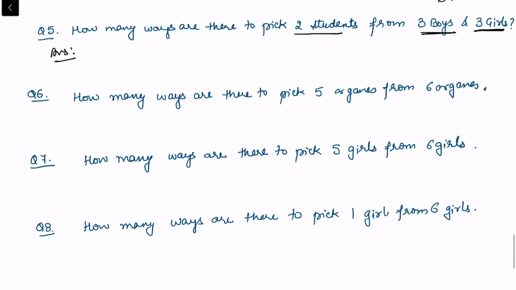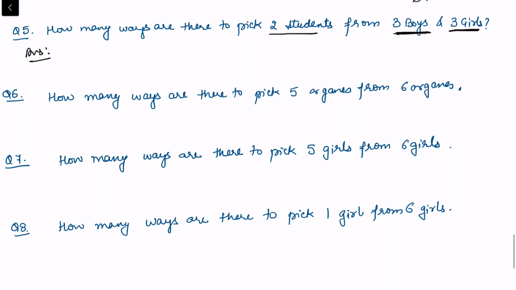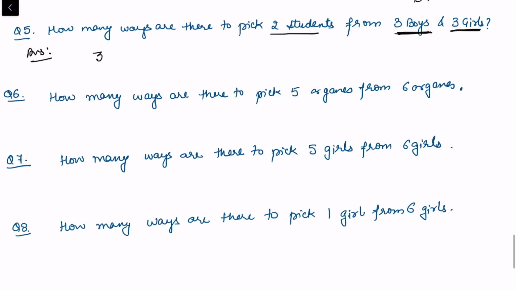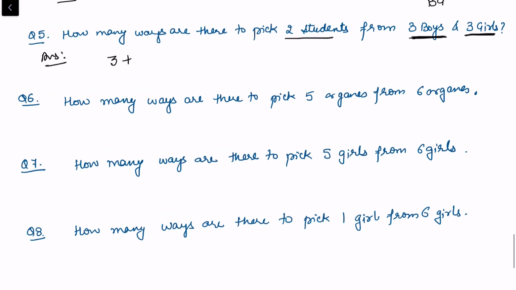In this question, suppose the first student that we choose is from the boys. There are 3 boys, so there are 3 possibilities for the boys, and 3 possibilities for the girls, considering that all the boys are different and girls are different.